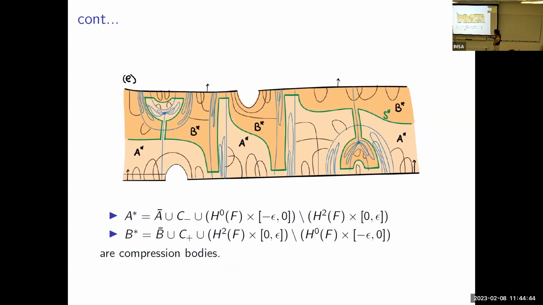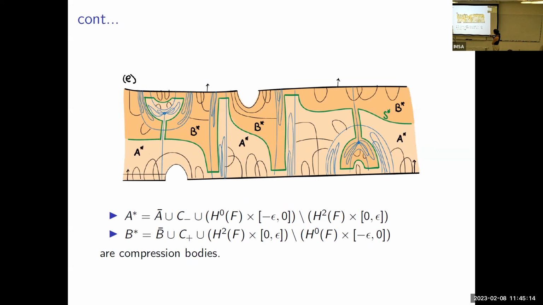So here we're just adding the, so this denotes the zero-dimensional handles of F, and then what we added to this Heegaard surface using the collar of R minus.